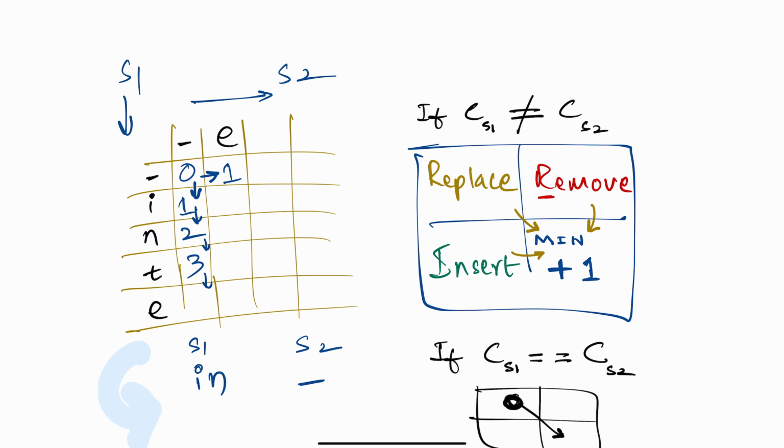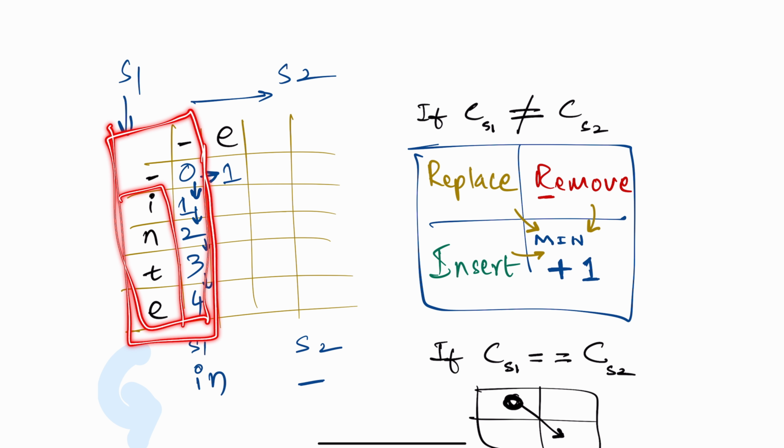I will delete E, this will be 4 operations. This represents S1 being converted to blank, requiring 4 operations, which are delete operations. This down arrow I will call the remove operation. I hope you understand this table at least.